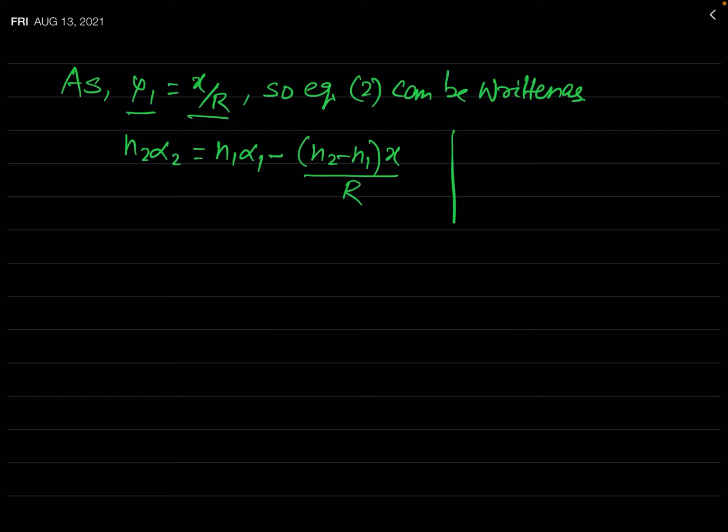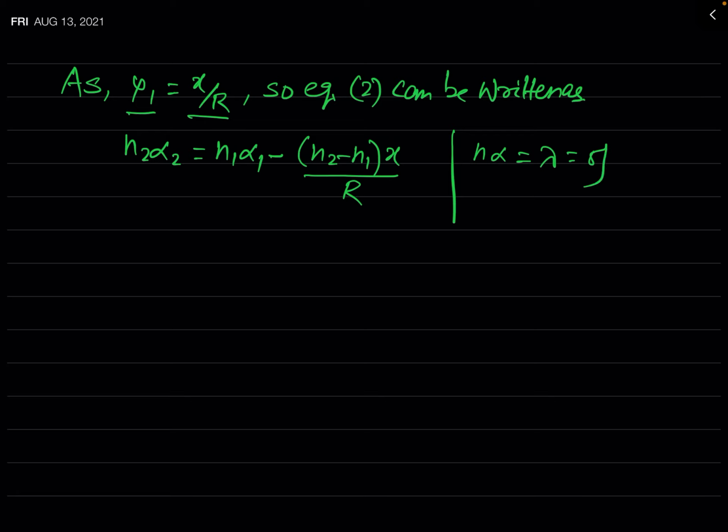Now, in the previous lecture, you have seen that this n times alpha is equal to lambda. And what is this lambda? Actually, this lambda is known as optical direction cosine.